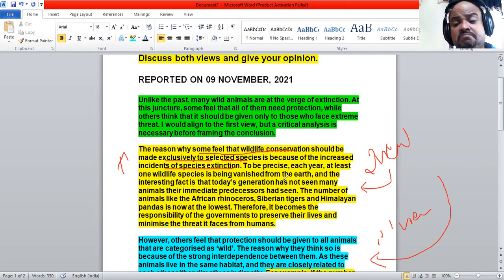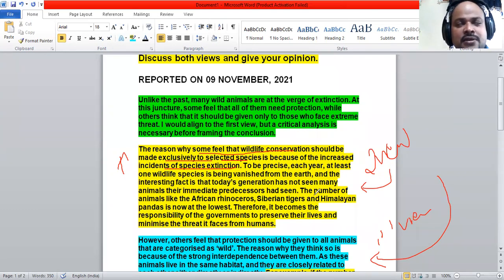Now, to be precise, each year at least one wildlife species vanishes from the earth. And the interesting fact is that today's generation has not seen many animals their immediate predecessors have seen.